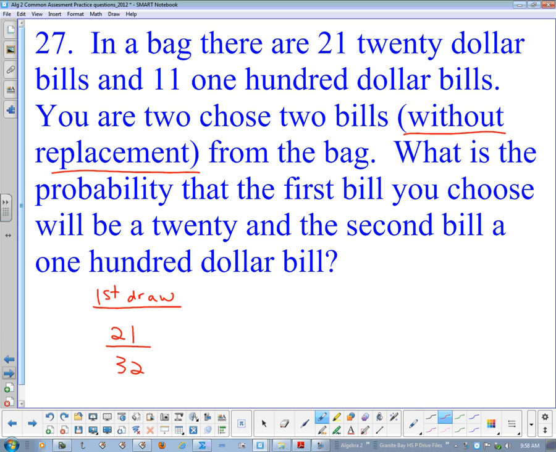So now we're going to get to the second draw. We want to know what's the probability of choosing a $100 bill. Well, how many hundreds are there? There are 11. But now, how many bills are in there? 31 to choose from. If you want to know the probability of these, you better not add them. We're going to multiply them. They're dependent events.